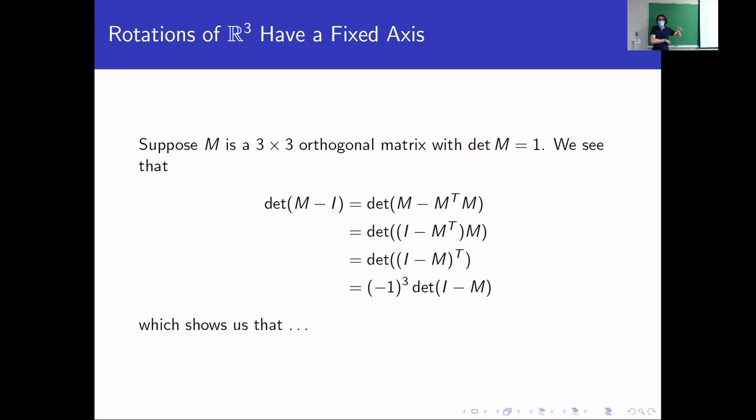Because it's 3 by 3, when I do all the switching, switch the row to the column, I change the sign of the determinant. I change it 3 times. So that's why this -1 cubed is out here.